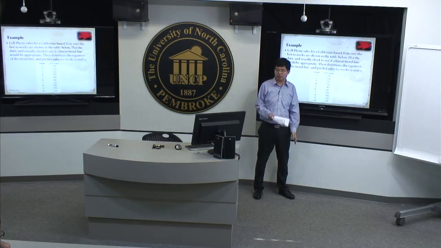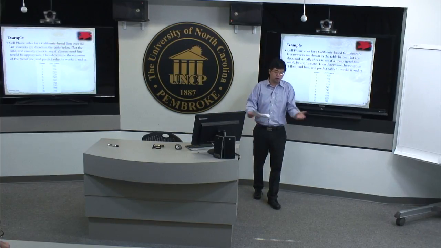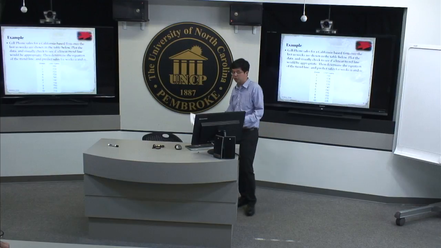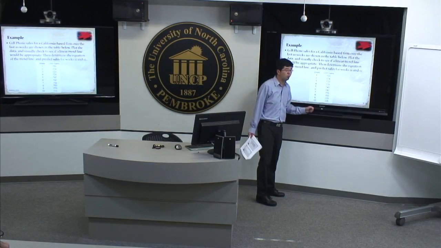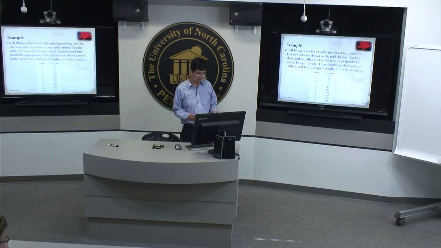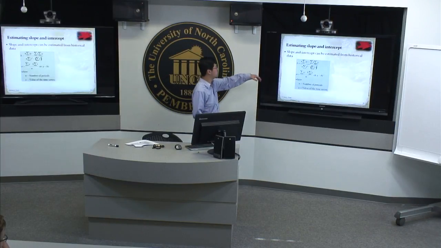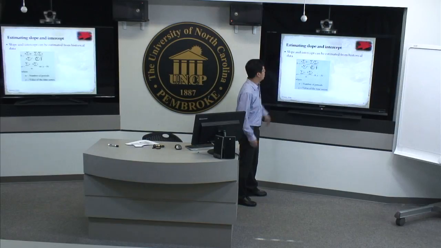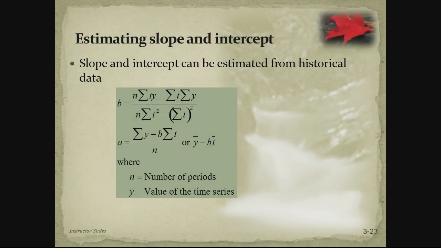But we have discussed many situations where we only have sales data, and in most situations, sales is equal to demand when there's no stock outs. If we have enough inventory, sales equal to demand. So we use the past sales data to build our linear trend model and to make the forecast of week 11 and week 12. That's the linear trend. Here's the formula we use to capture slope B and intercept A.